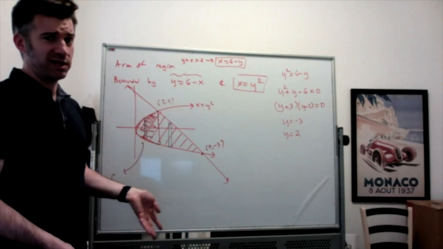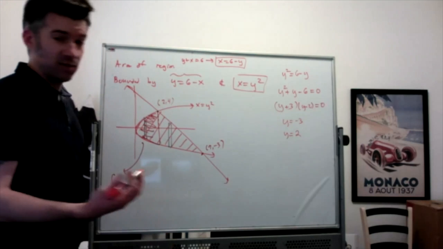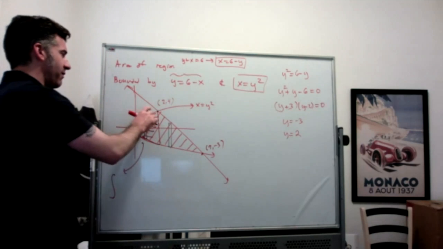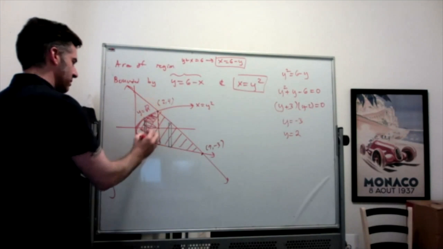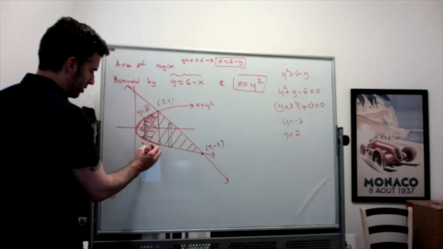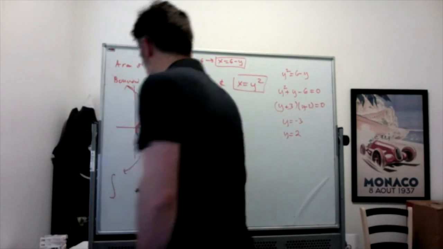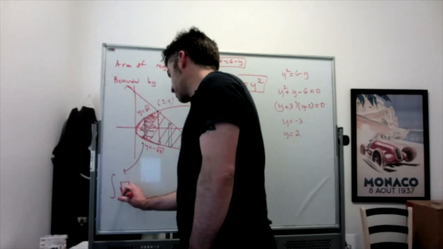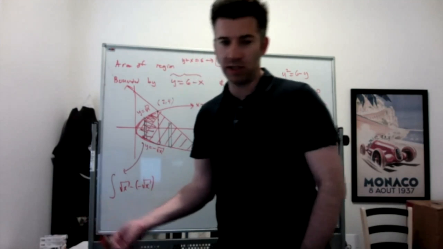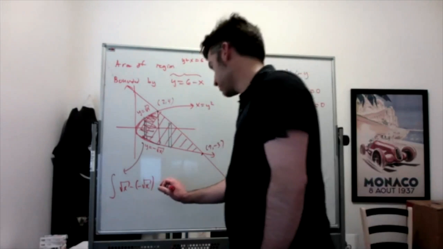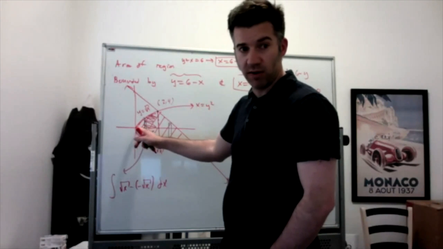That seems wrong, because if you do the same function minus the same function, you're going to get 0. So here's the thing. This is where it's super important to recognize that the top function is y equal to the positive square root of x, and the bottom function is y equal to the negative square root of x. So when we do the top minus the bottom, it's the square root of x minus the negative square root of x, which you could totally say is 2 root x. The limits of integration are as far left as 0, as far right as 2.